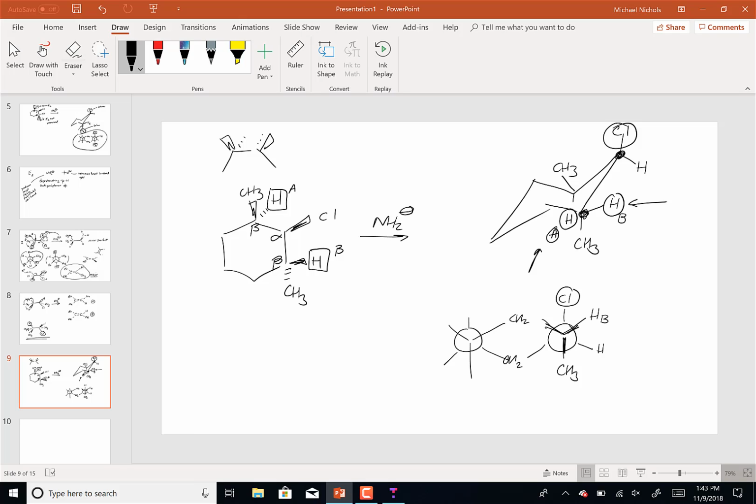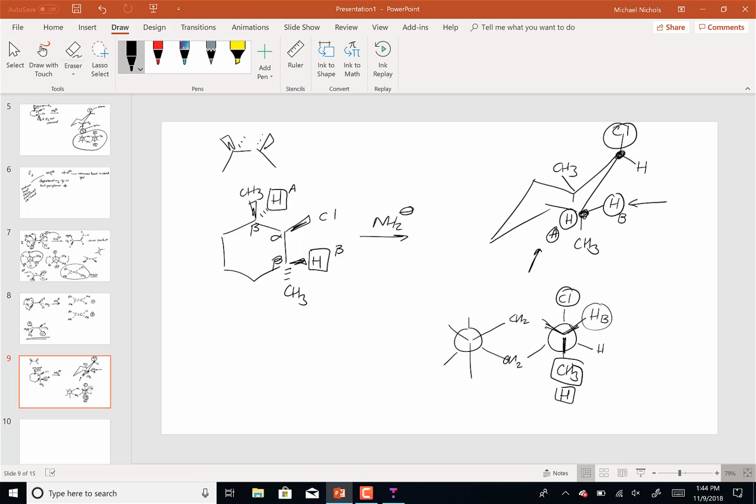So if the chlorine is anti, the hydrogen that can be removed must be in this position to be anti-periplanar. It has to be in the anti position, which means that if this chlorine is above the ring, this hydrogen must be below the ring, because this hydrogen right here is above the ring.